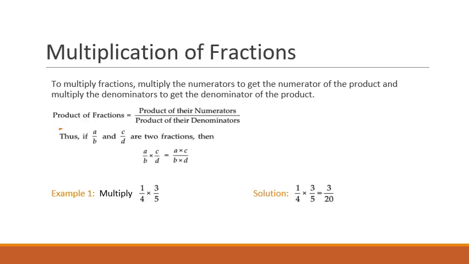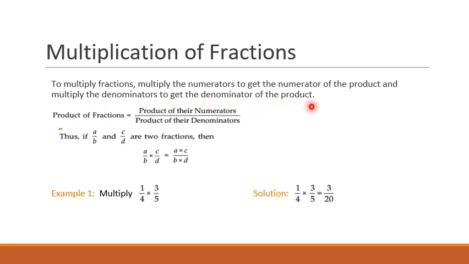Multiplication of fractions. To multiply fractions, we have to multiply the numerators to get the numerator of the product and multiply the denominators to get the denominator of the product.